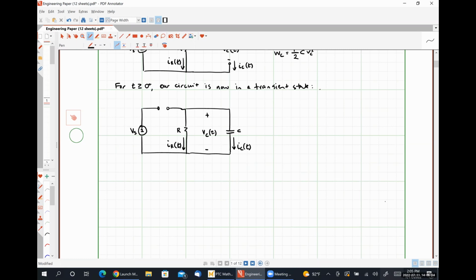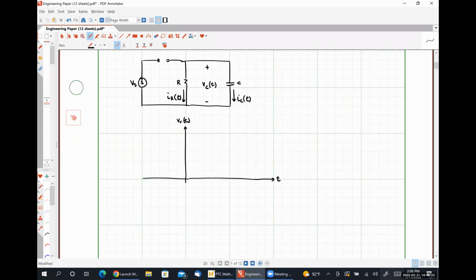So the situation I am describing looks something like this from the perspective of the capacitor voltage. Here's Vc as a function of time. Here's time.